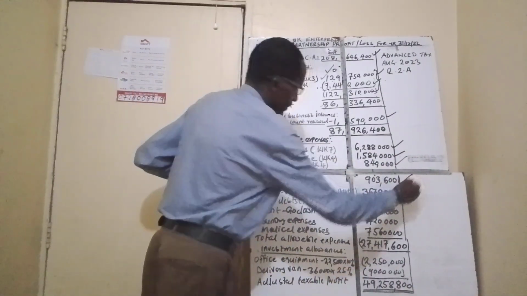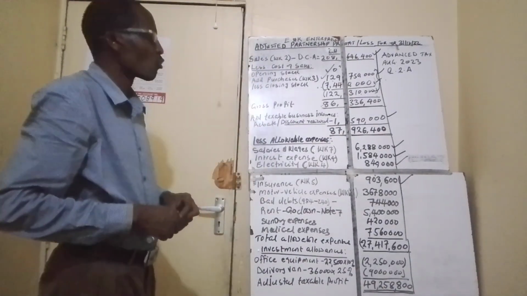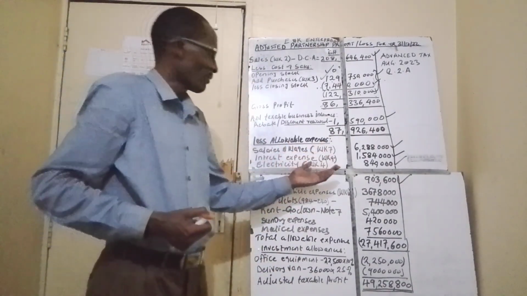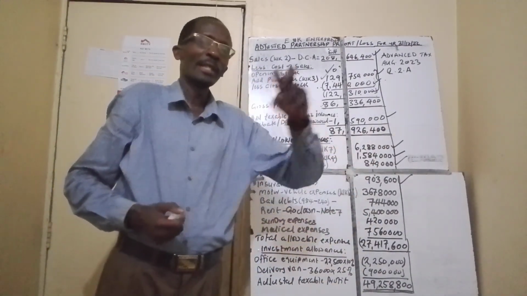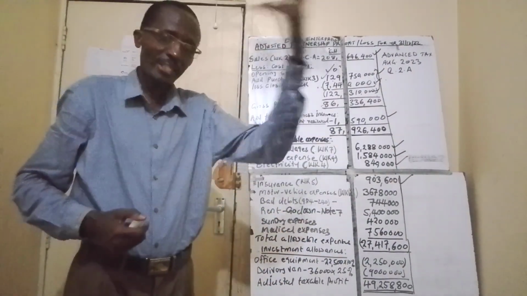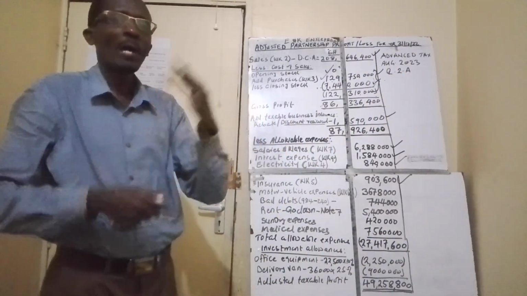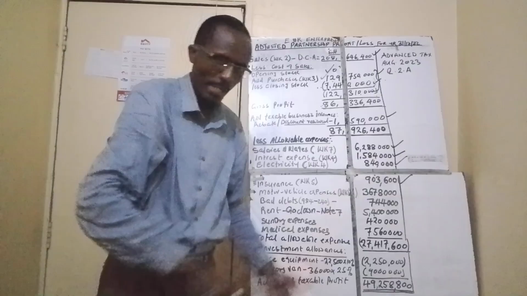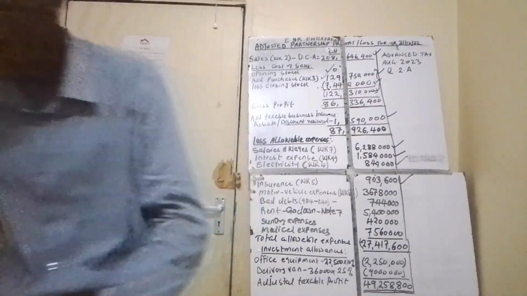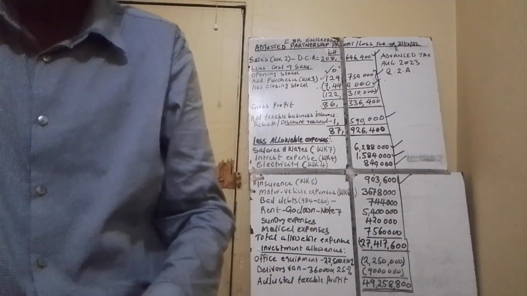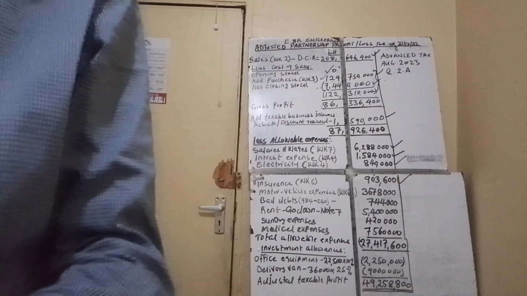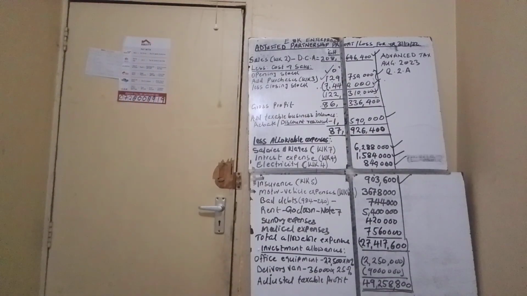Then electricity and insurance, you just use the concept of accrual basis. There is that figure which you are given in the bank statement, and then you are told there were accruals, you just add them together because you use accrual basis. So basically, for electricity and insurance, the working is fine.